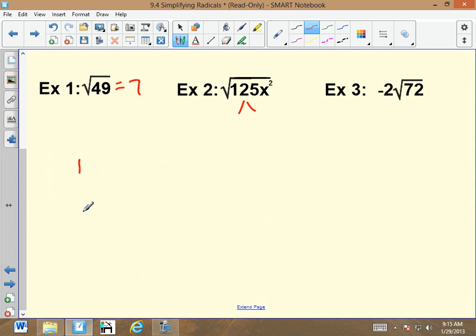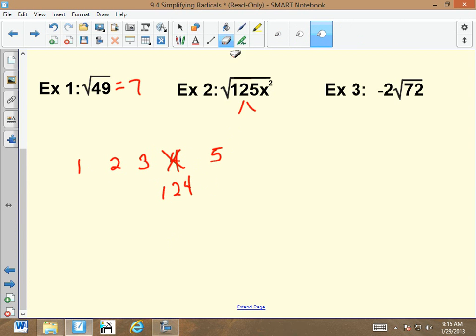For example, 1 is prime because only 1 goes into 1. 2 is prime because only 1 and 2 go into 2 evenly. 3 is prime because only 1 and 3 can go into 3. 4 is not prime because 1 can go into 4, 2 can go into 4, and 4 goes into 4. However, 5 is prime because only 1 and 5 go into 5. Those are your prime numbers.